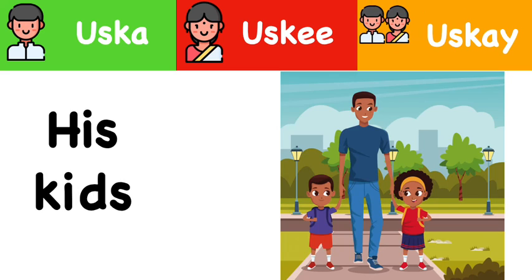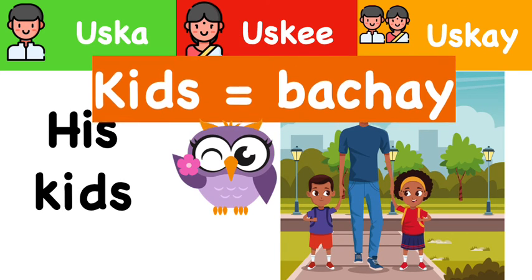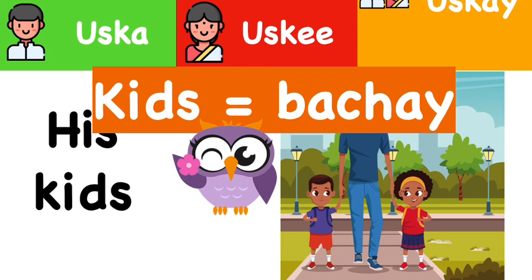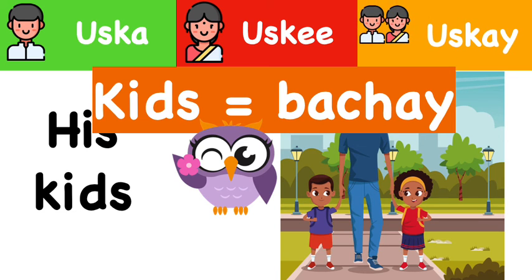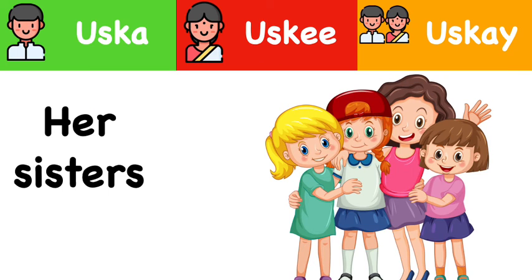Uske. His kids. Kids in Hindi are bacche, and that is a pull noun. But it shouldn't even matter that you know that it's a pull noun, because look at the kids on the screen. There's a boy and a girl. And remember our rules. Our rules said that if it's mixed, then they are uske.